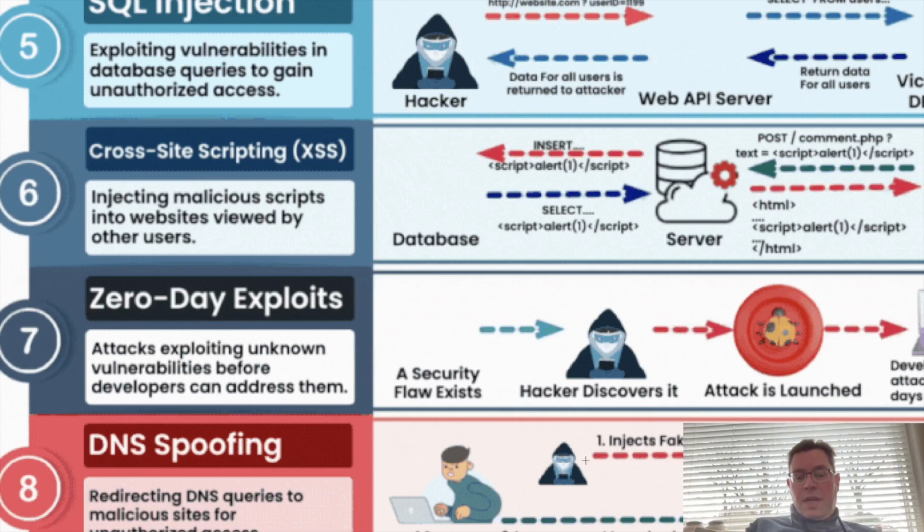So here a hacker can inject a fake DNS entry, and this user thinks that he makes a legitimate request to a real website, but here it's injected into the phone book, for instance, that it should redirect or resolve to a fake website, which almost looks identical.